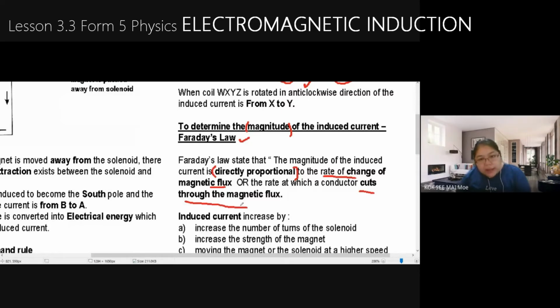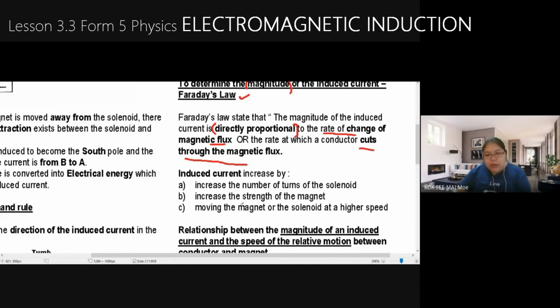Directly proportional. So we're going to see how to increase the induced current. First one, you increase the number of turns. Remember, if this is a solenoid and I make more turns, then when your magnet goes in, you cut more flux because there are more turns already. Second one, increase the strength of the magnet. Use a strong magnet.